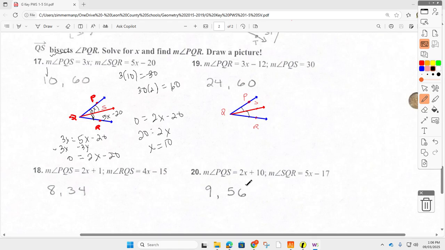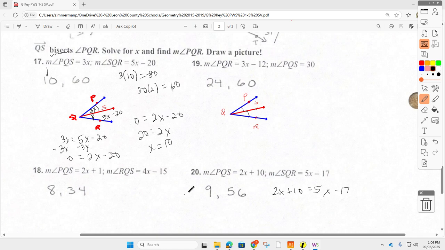We're going to do the same thing. We know that PQS and SQR are congruent, so they're going to be equal to one another. So it's 2x plus 10 equals 5x minus 17, and then we solve for x there and do the same thing, okay?